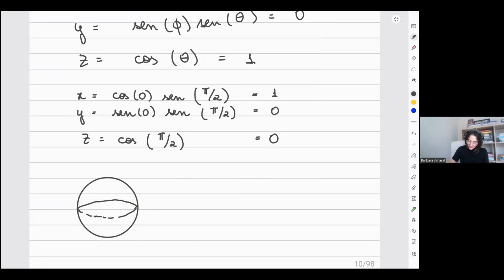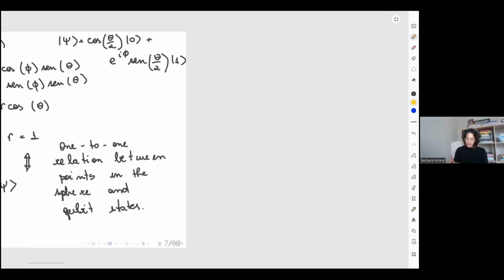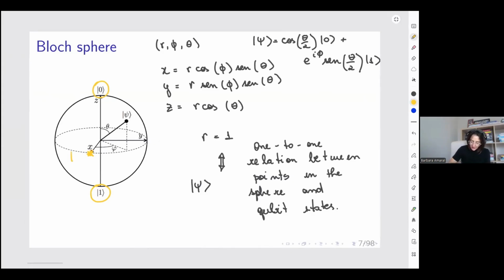So the x-axis will be here, and our plus vector will be here, just so they are equal. This is going to be plus, and minus is going to be on the other side of the sphere.